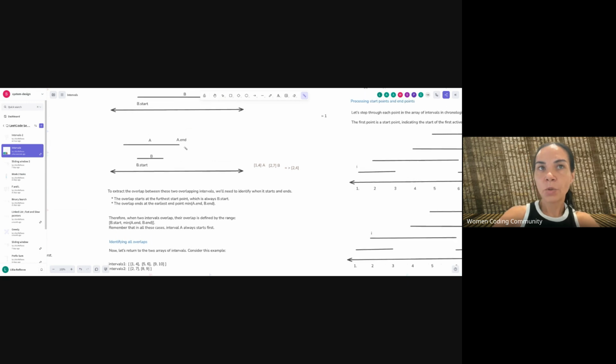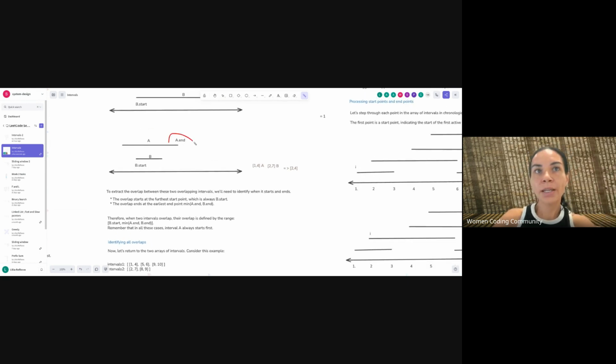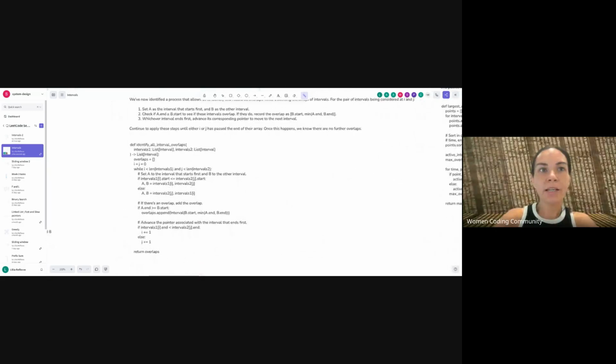I will explain. Assume currently that A start will always be earlier than B start. Because in this task, we always choose who is our A and who is our B. At the beginning of the task, it was told that all our intervals are in sorted order. At the beginning, we don't know who is A and who is B in this task, but we will always figure it out, based on this formula.